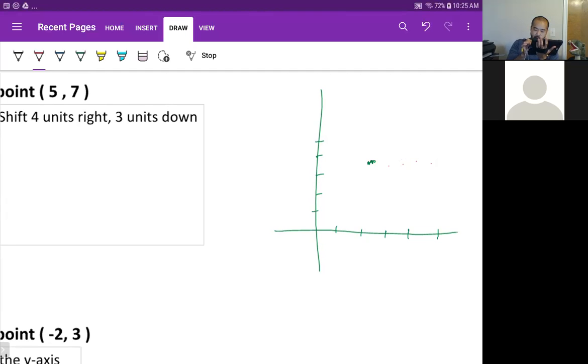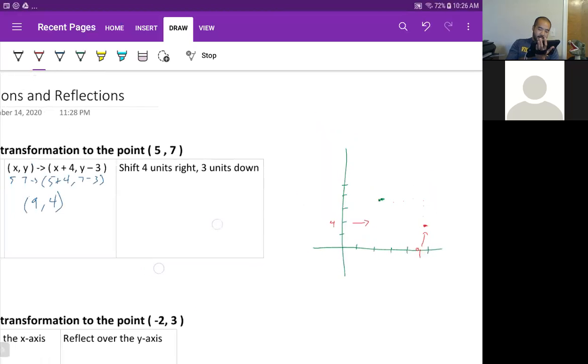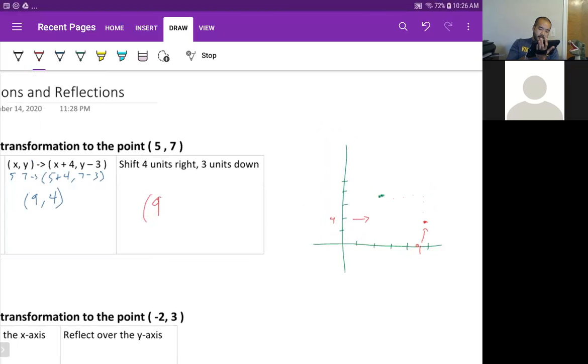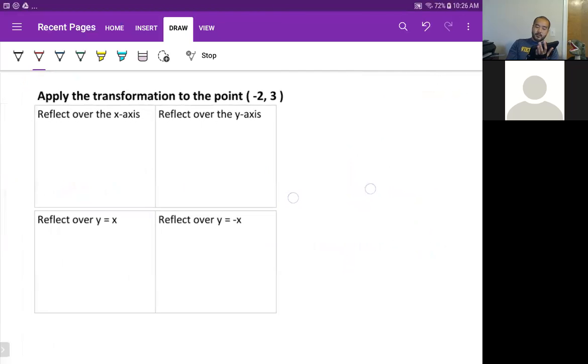And then 3 units down: 1, 2, 3. So about here is where that would be. That's 9, and this is 4 here. Did we get the same answer? Yeah, same answer even with a bad drawing. Imagine how easy that would be if you had a good drawing or a real graph. So that's translations.